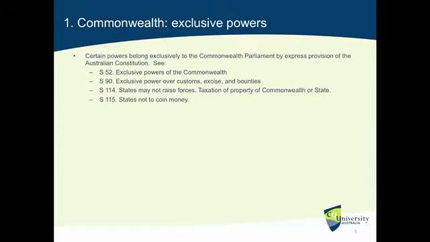Section 115 of the Australian Constitution also provides that states may not coin money, nor may they make anything but gold and silver coin legal tender in payment of debts.